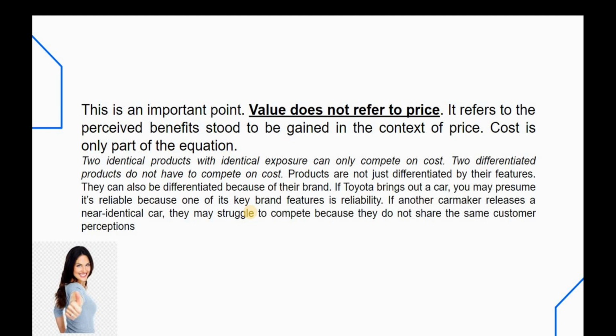Although what we have been accustomed to is not wrong, and people have reason as to why they believe value equals price, what I'm trying to say here is that businesses should find a way to offer value regardless of the price, whether they are the cheapest one or the priciest one.